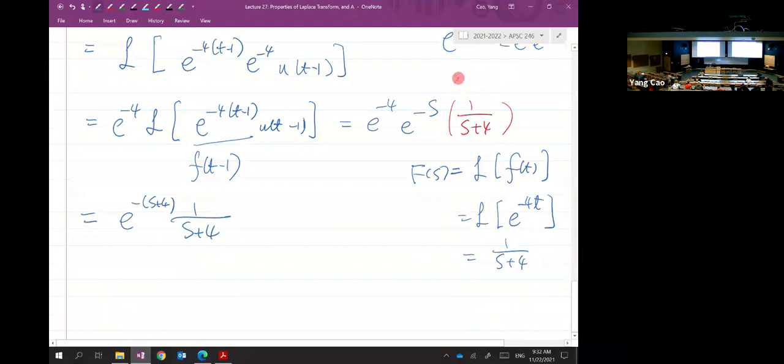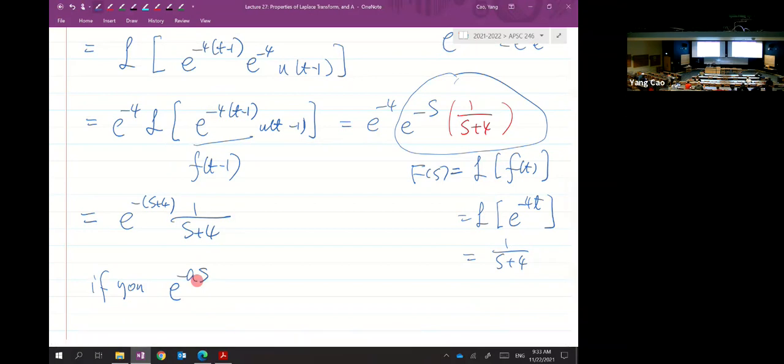As you can clearly see, in the future, if you see an exponential e to the power of negative as, multiplied by certain Laplace s function, whatever function, maybe 1 over s squared plus 2s plus 4, for example.